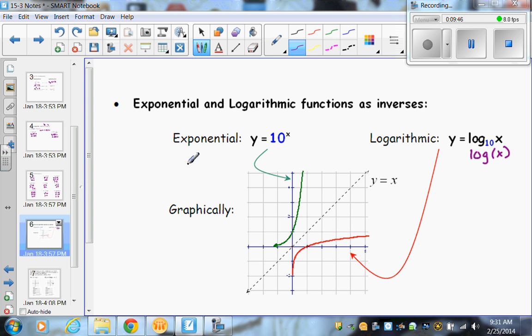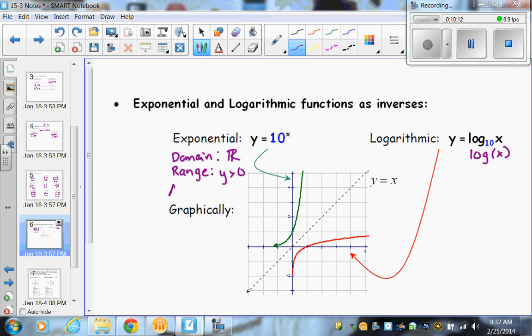If we talk about the domain of the exponential, we can type in anything, so that's going to be all real numbers. Our range, however, you will notice that it approaches 0 here, but it will never cross that x-axis, so that tells me y is greater than 0.